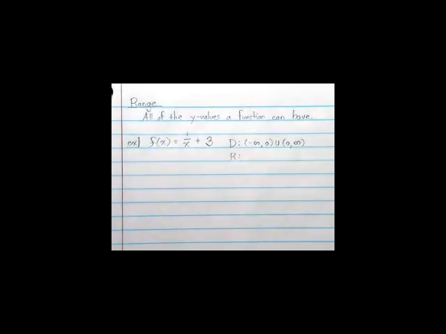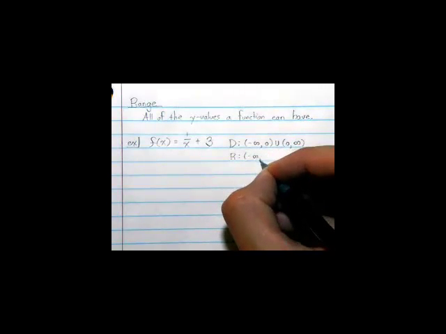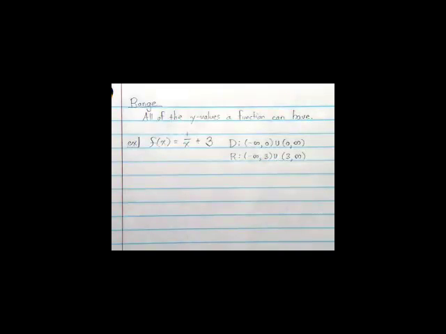How would I write that? Yep, you got it. Negative infinity to 3, union 3 to infinity, not including the 3. So we're hopping over that one. Yep, that would be the domain and the range for that.